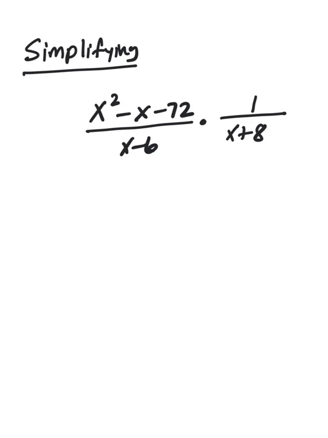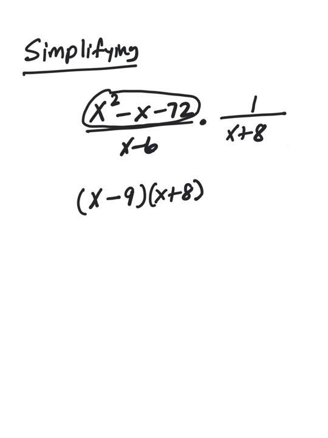So now there's a quite different problem here. We have two rationals and we're multiplying. What you have to do is factor x squared minus x minus 72. So x minus 9 times x plus 8 is what it's going to factor to, over x minus 6, times 1 over x plus 8. Just like we multiply fractions, you're going to multiply the numerators.